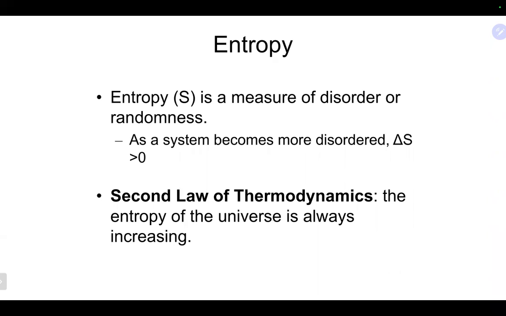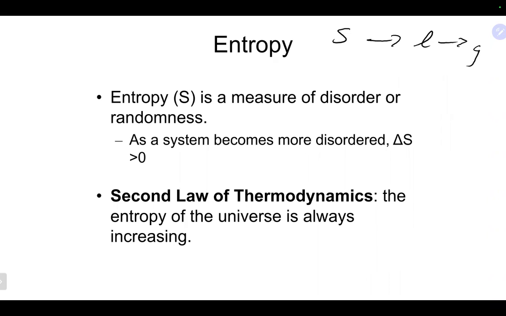The way we can see it a lot of times really easily is to look at what happens when we change states. So when something goes from solid to liquid to gas, is the amount of disorder increasing or decreasing? Are things getting more disordered as you go from solid to liquid to gas, or less?